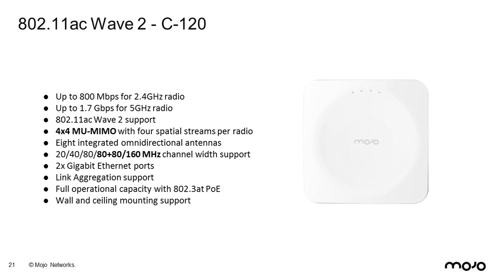So if you had a MacBook Pro connected to the 5 gig radio, it is going to connect at 1.3 gigabits per second max. And then let's say on the other side, you had another MacBook Pro connected at 450 megabits per second, a 3 spatial stream 11N on that 2.4 side.